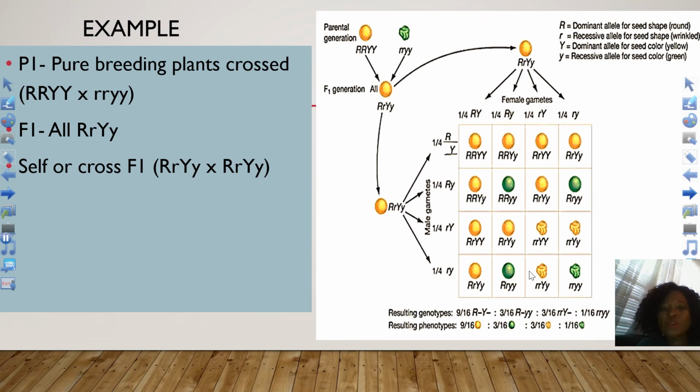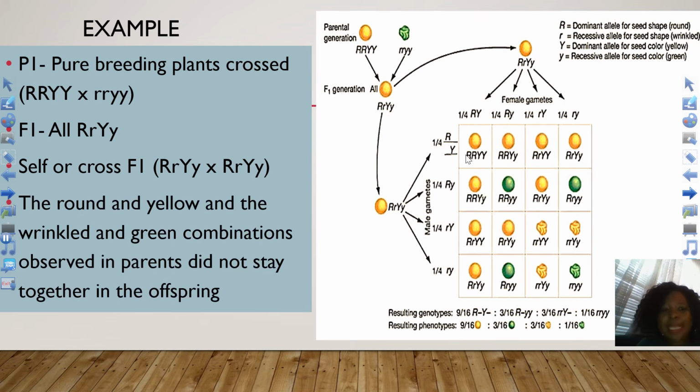So what we are trying to show you here is that when the alleles of the genes segregate, they are segregating independently of each other. Hence, we can see that the round and yellow and the wrinkled and green combinations observed in the parents did not stay together in the offspring, meaning that the alleles segregated independently of each other.